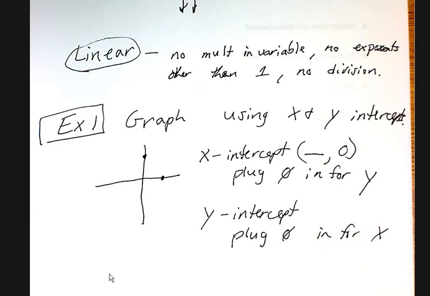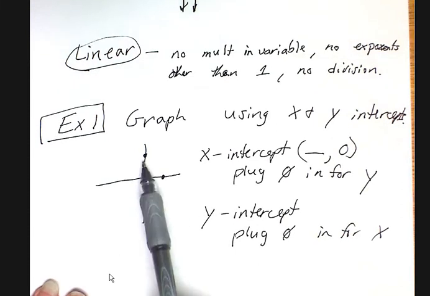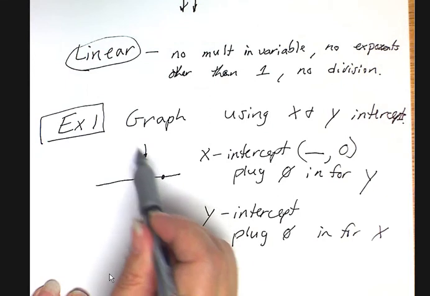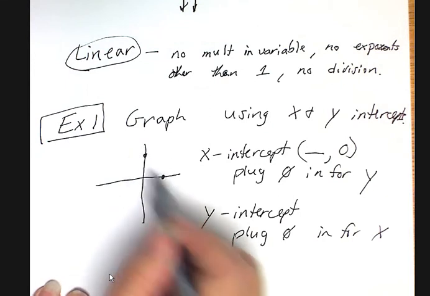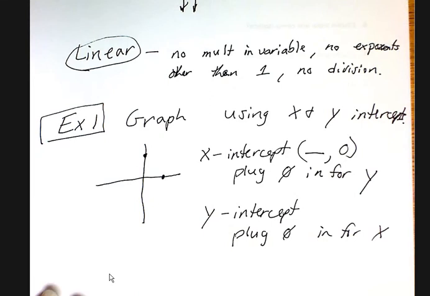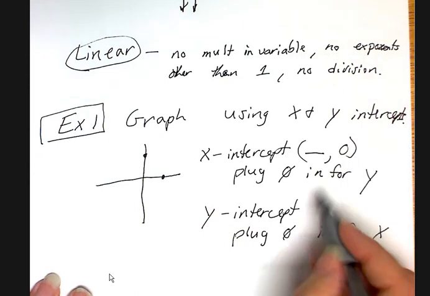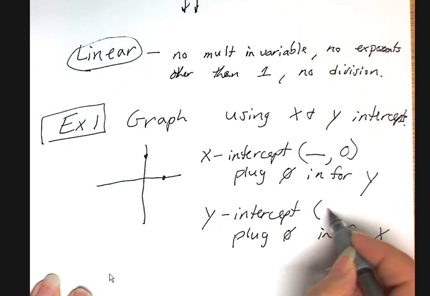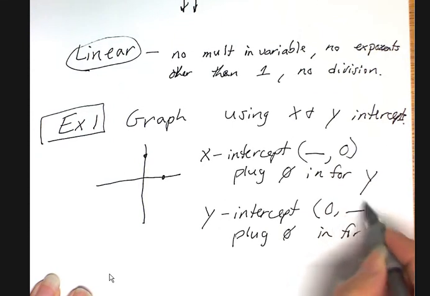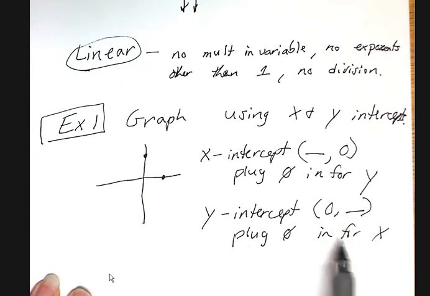So you're going to find your x and y-intercept, and then we will simply connect those 2 points, and that will create our line that we are finding. So this is the biggest thing, is to understand that your y-intercepts will always be 0, comma, and a number, and you have to plug in your 0 for x and solve for your y, and so forth the other way.